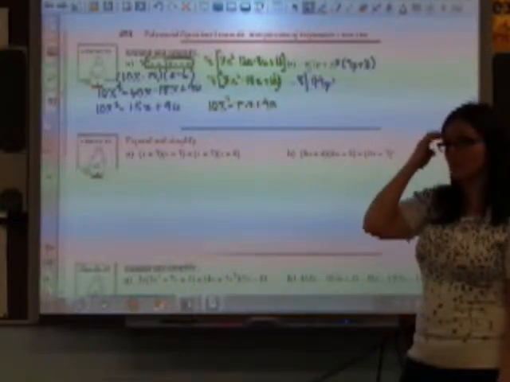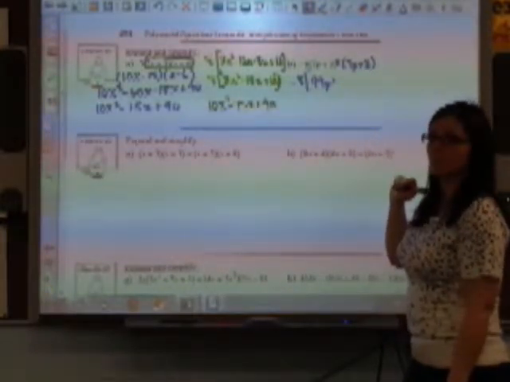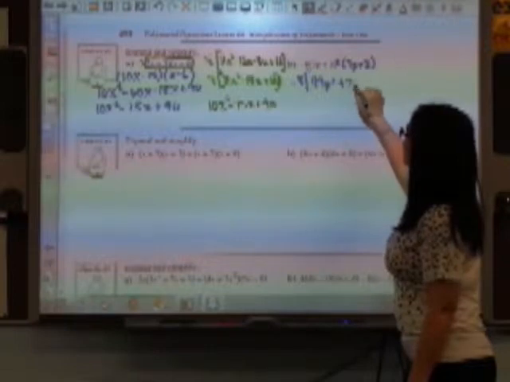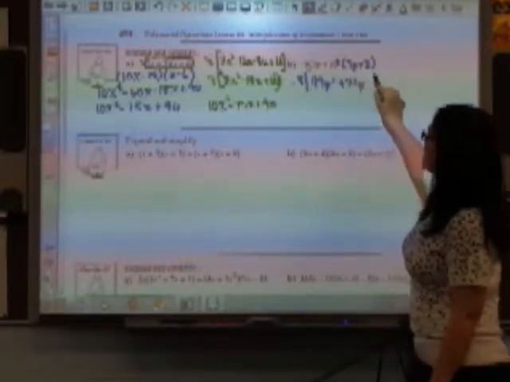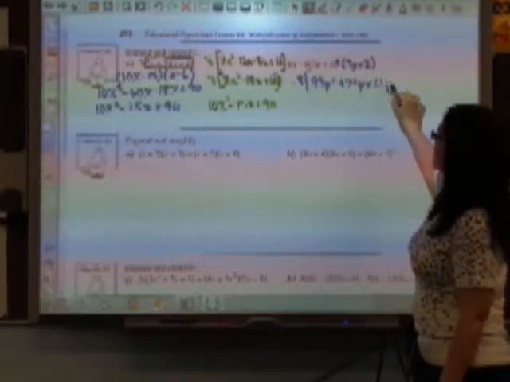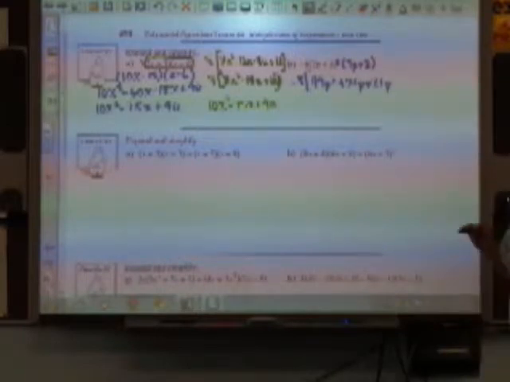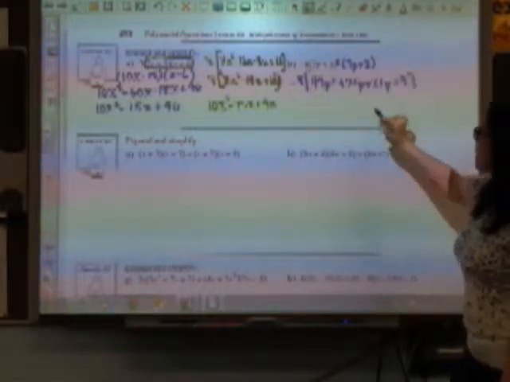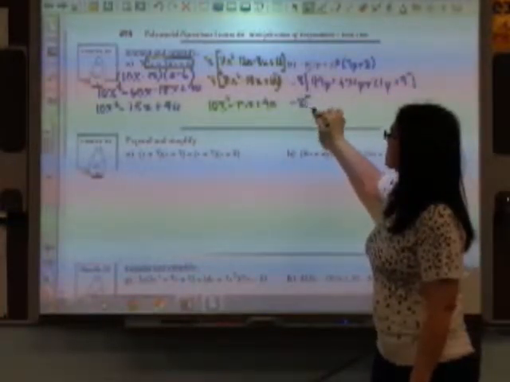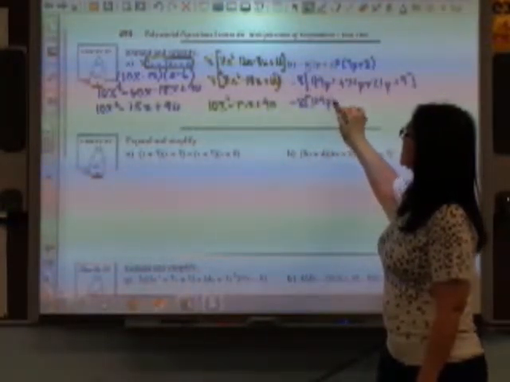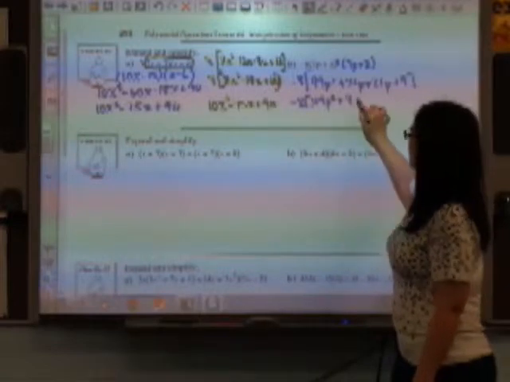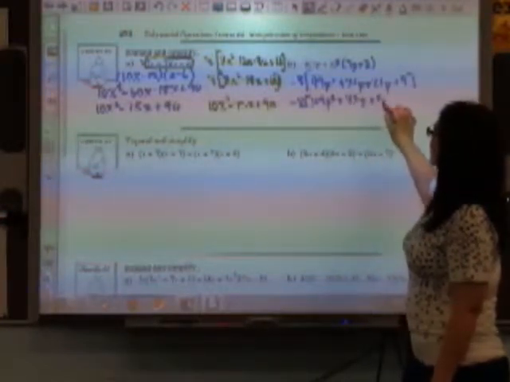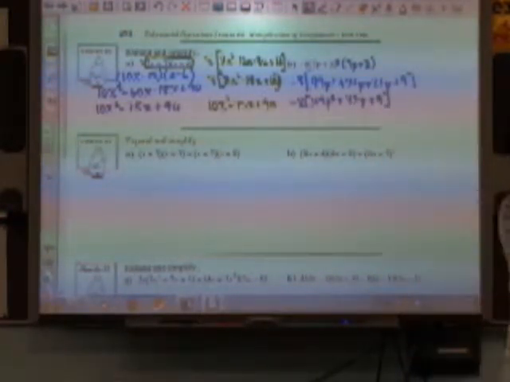7p times 3, 21p, and then 3 times 7p would be another 21p, and 3 times 3, 9. Collect the like terms, and I would get 42p plus 9, and then I'd multiply everything by negative 8.